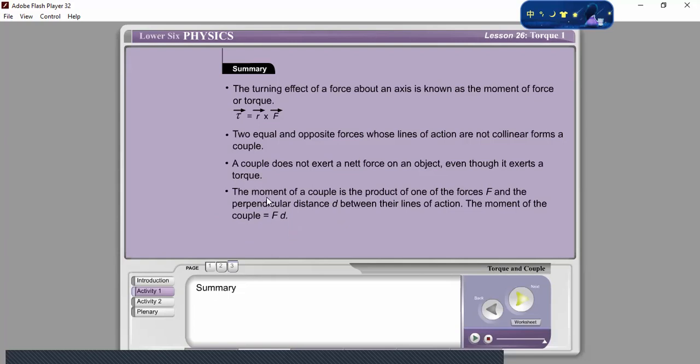But in our system, we just use torque equals R times F, where R and F must be perpendicular to each other. R and F must be at 90 degrees to each other. Let's go back to the slide.